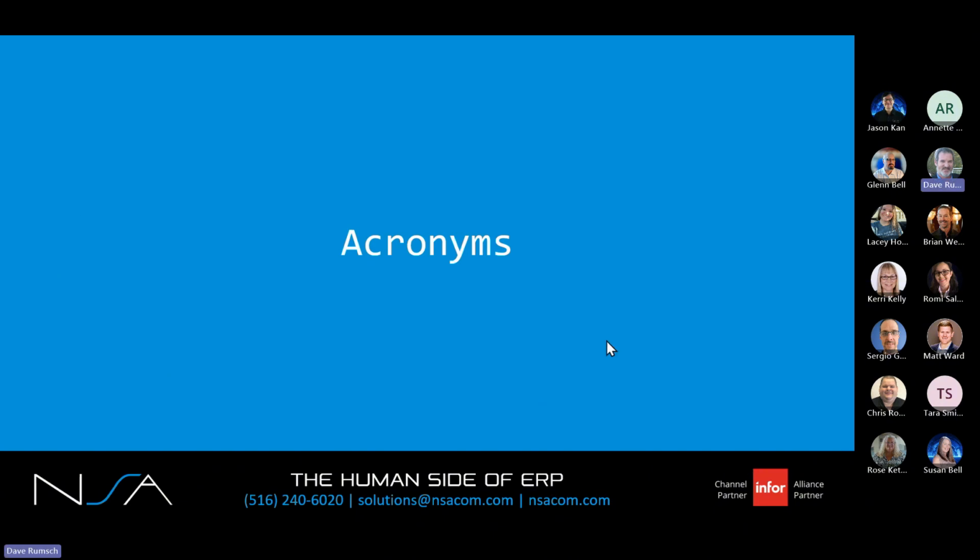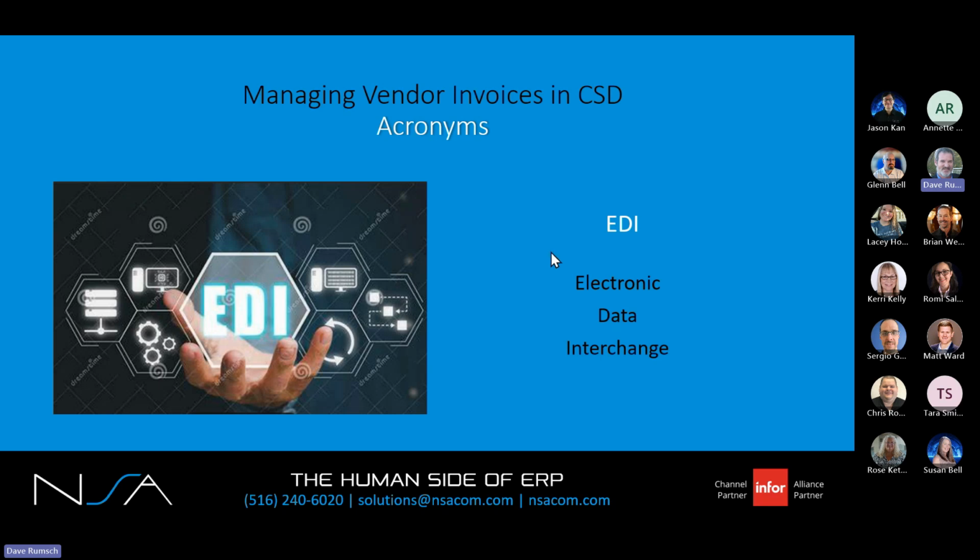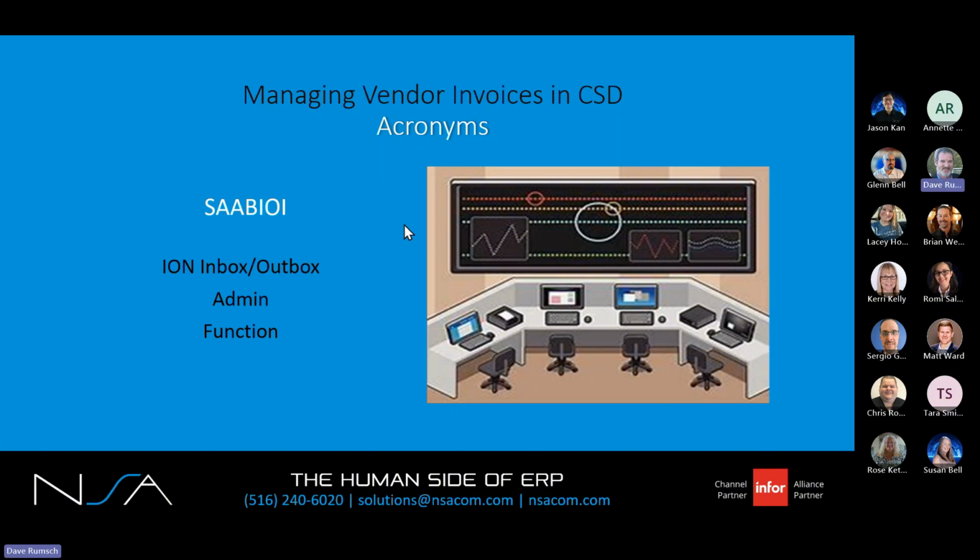So everybody's used to acronyms and we all love them so dearly. Our customers truly love them. So I'm going to try to just use 3 of them in this session if I can. The first one's EDI. EDI refers to electronic data interchange, and that's the movement of transactional data between business partners. This one's a lovely one, SAABIOI, which I have trouble remembering.